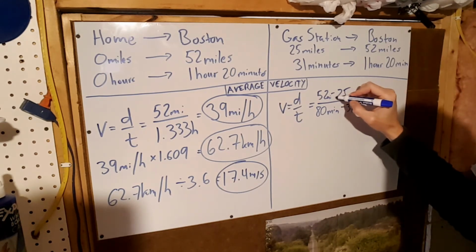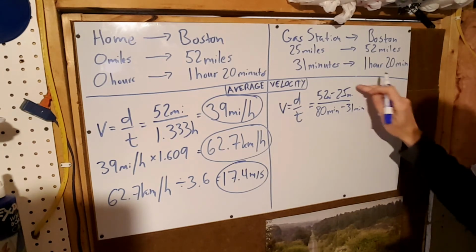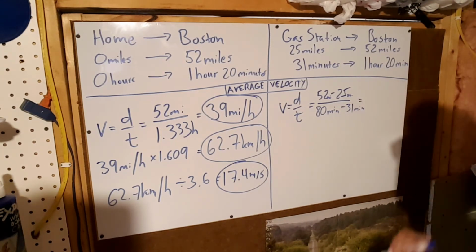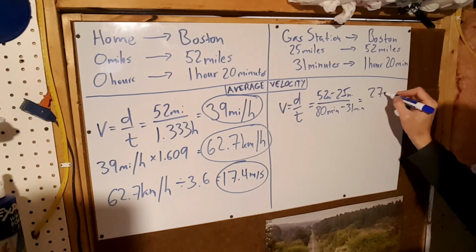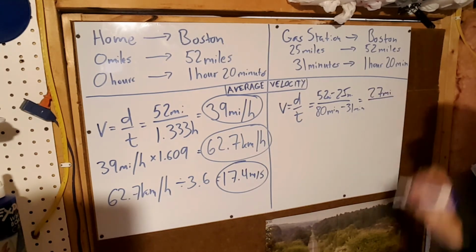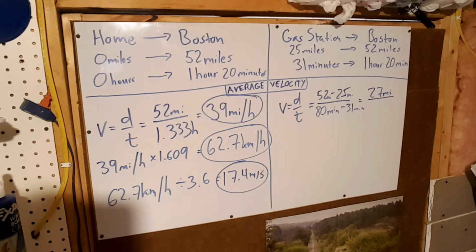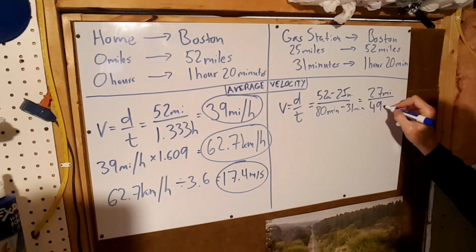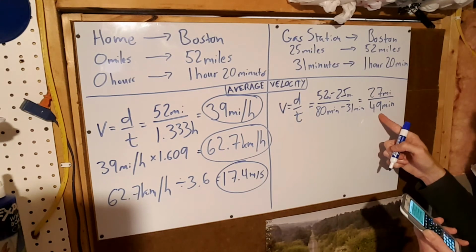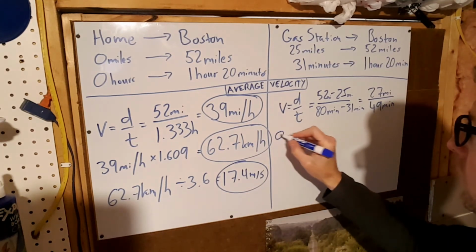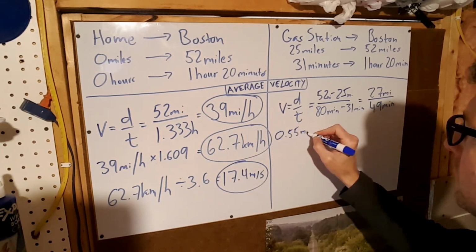This is miles, this is miles. 52 minus 25 is going to give you 27 miles. And 80 minutes minus 31 minutes is going to give you 49 minutes. 27 divided by 49 is going to give you 0.55 miles every minute.